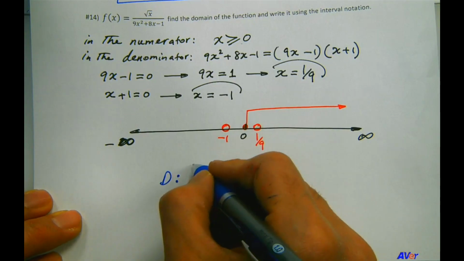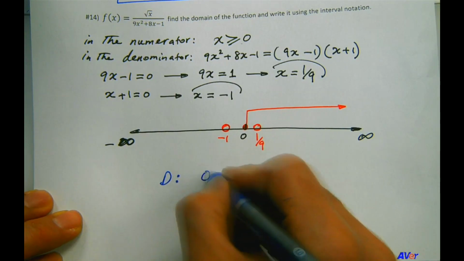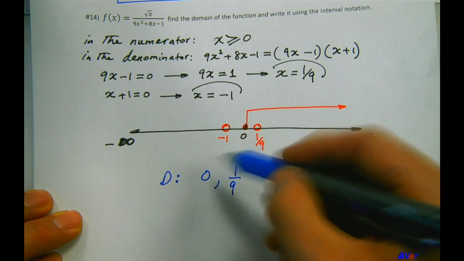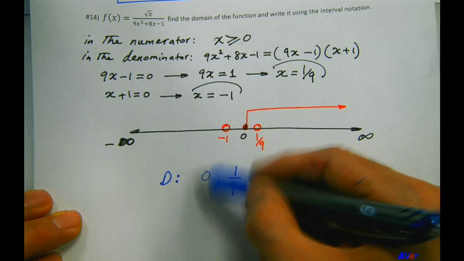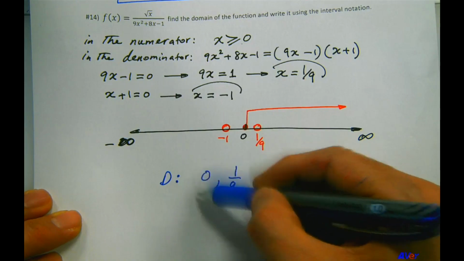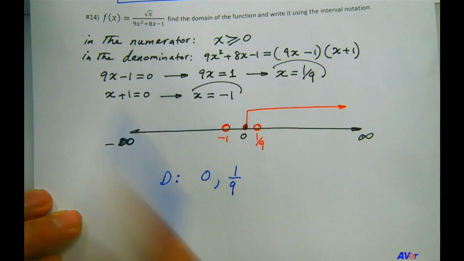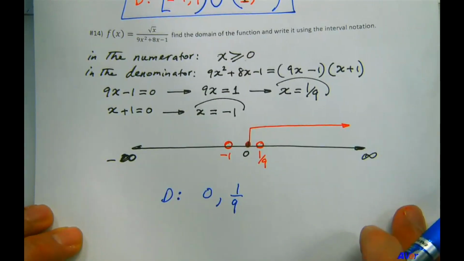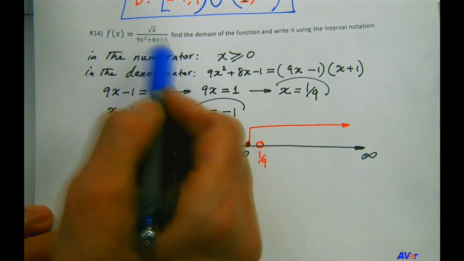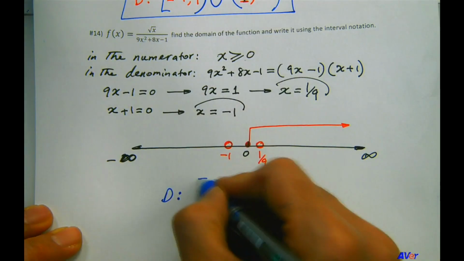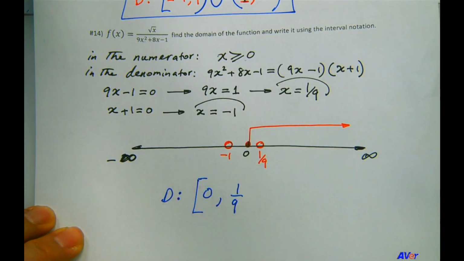So if I put 0 here, comma, 1 over 9, let me ask you, should I put a parenthesis here or a bracket? Can x be 0 in that function? It can, right? The denominator cannot be 0, but x itself can be 0, so we can put a bracket next to that.